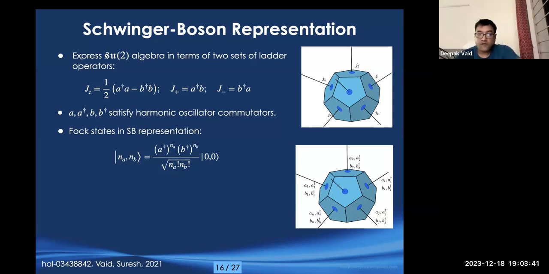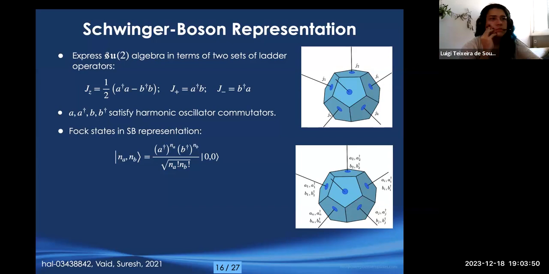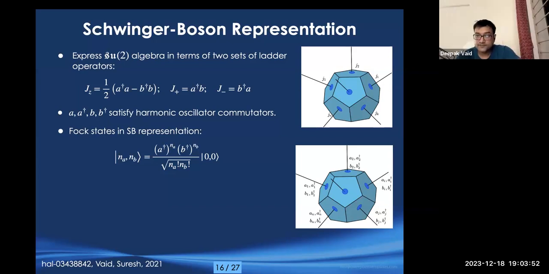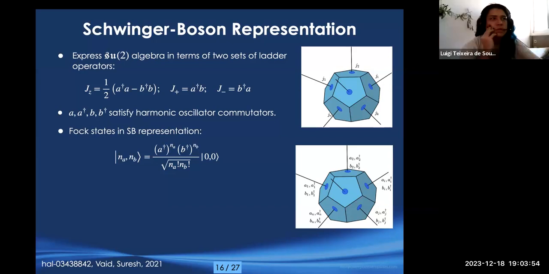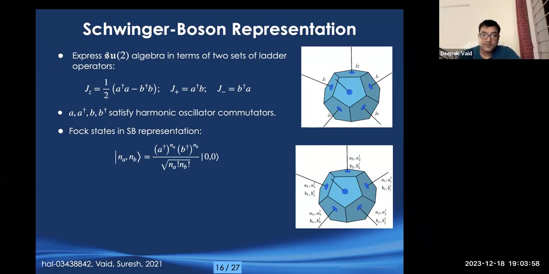But again, we have to keep in mind that all of this corresponds to geometry. The J's give us the area. So how is the area encoded in this picture? It is encoded in this way.